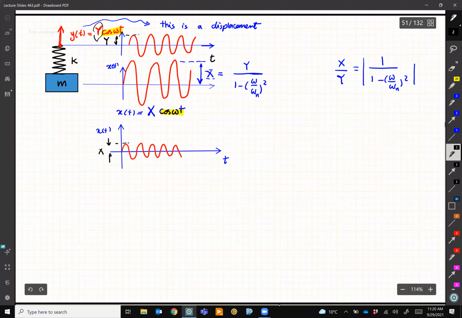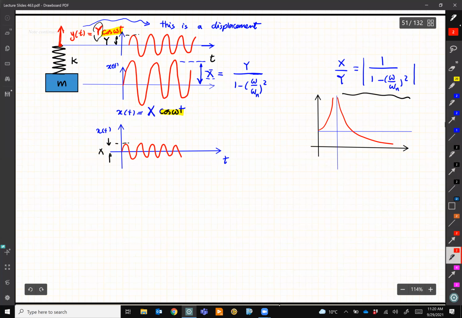Because they have this relation, and this relation highly depends on what omega n is, and we know omega n depends on k and m, which is very similar to the previous function, and we also drew that one, and we realize that these things are exactly the same as the previous one.